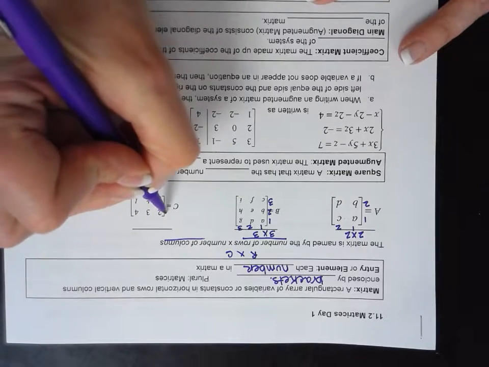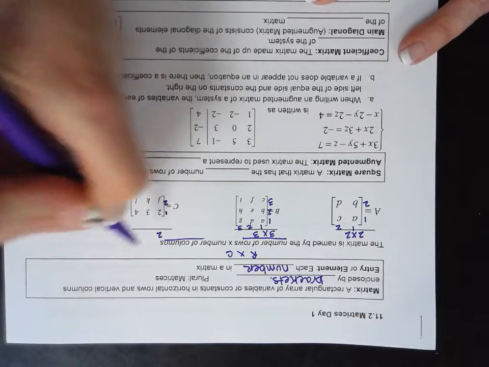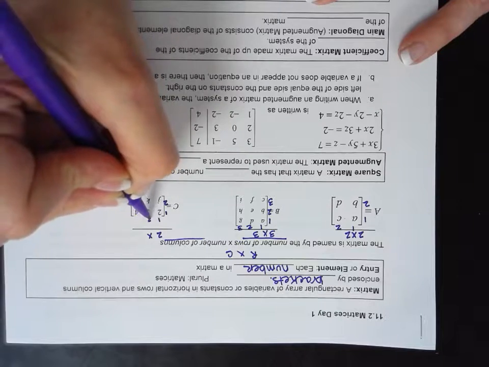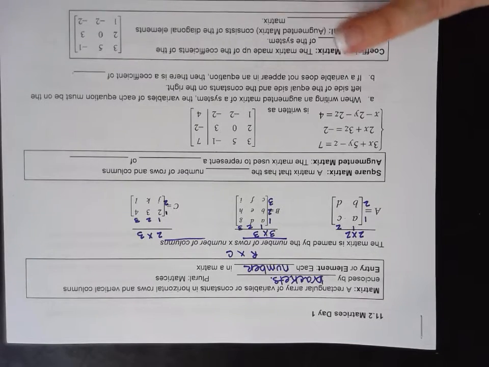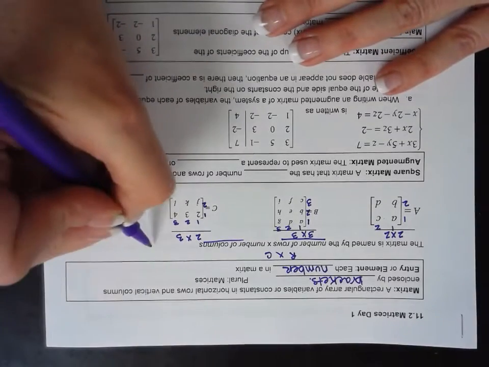And C has 2 rows but 3 columns, and that's okay. They don't have to be equal. They don't have to have the same row and column. They can be whatever.